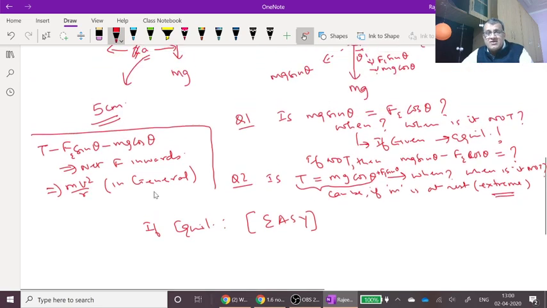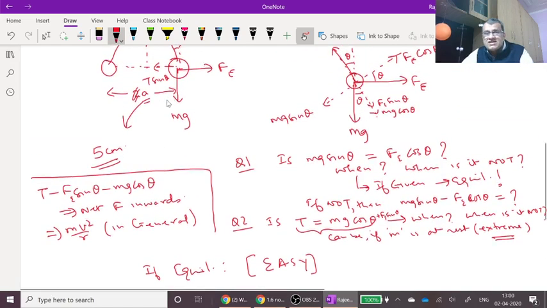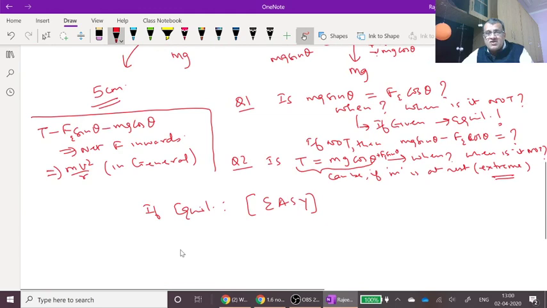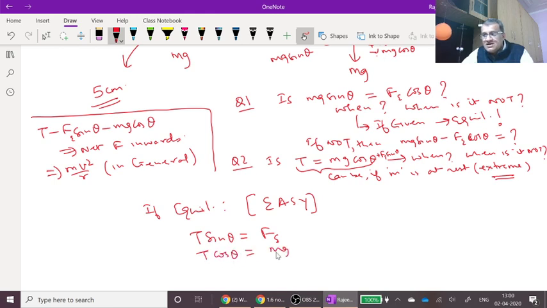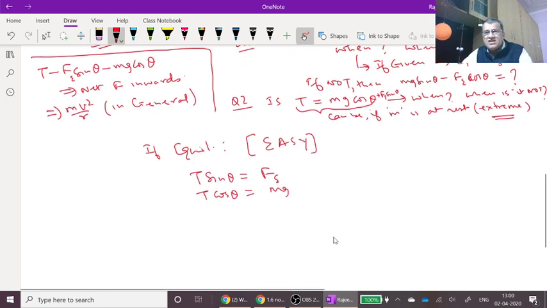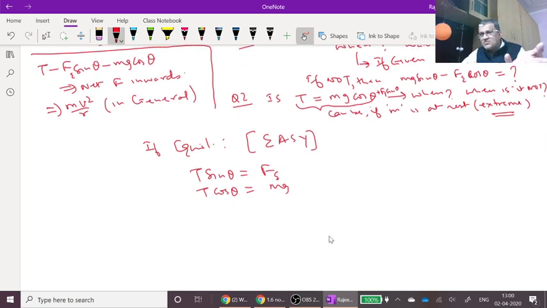You can simply equate: T sin theta is equal to Fe and T cos theta is equal to mg. Understood, sir? I missed. Oh, that's perfectly fine, you are learning. And you saw even I missed out one point, which 3 days grace pointed out. So if it is equilibrium, then it is very simple.